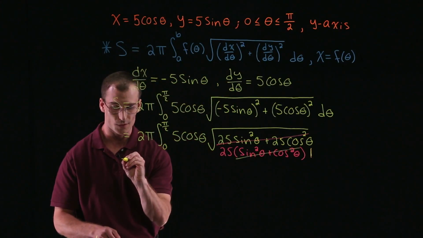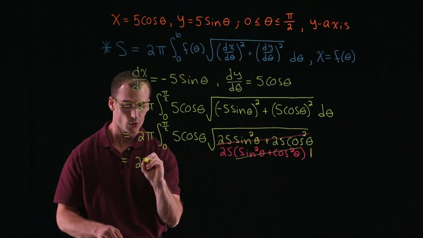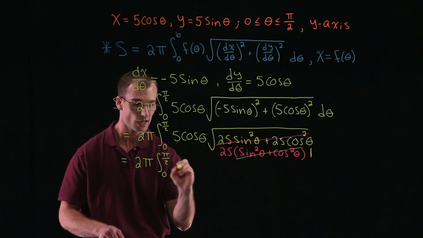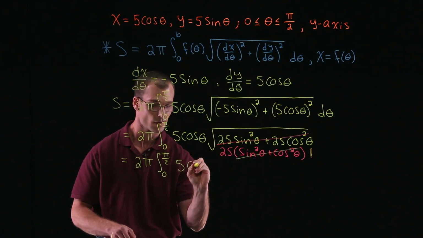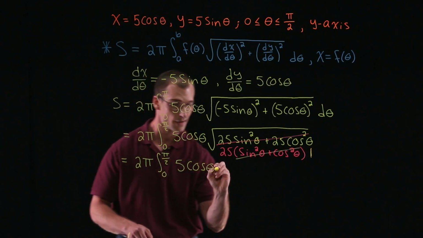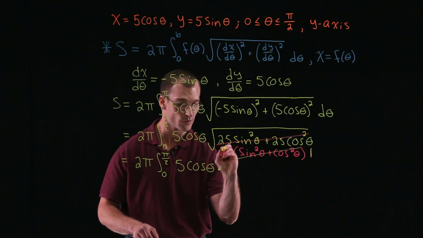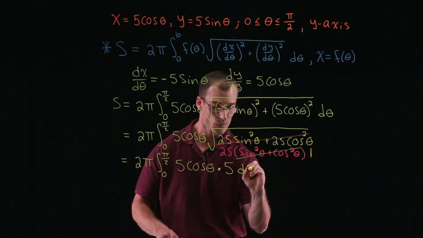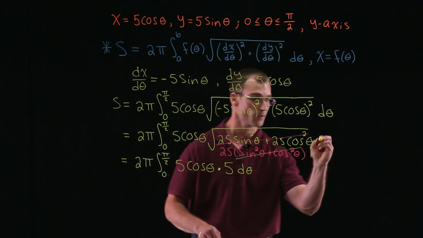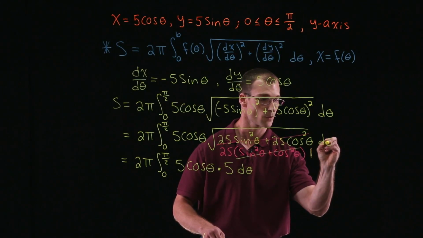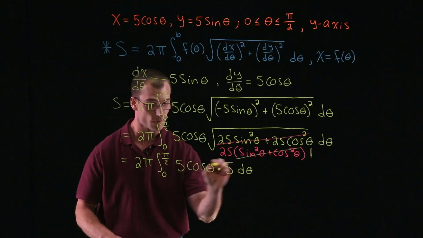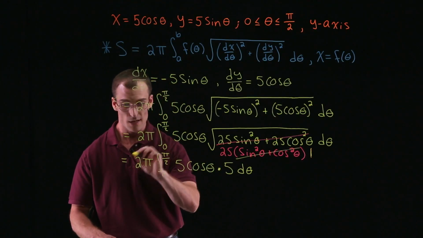So this is going to be equal to 2 pi times the integral from 0 to pi over 2 of 5 cosine theta times the square root of 25, which is 5, d theta. Oops, and we forgot our d theta over here as well. Put that in. Okay, so now we can bring our 5 times 5, which is 25, to the outside.